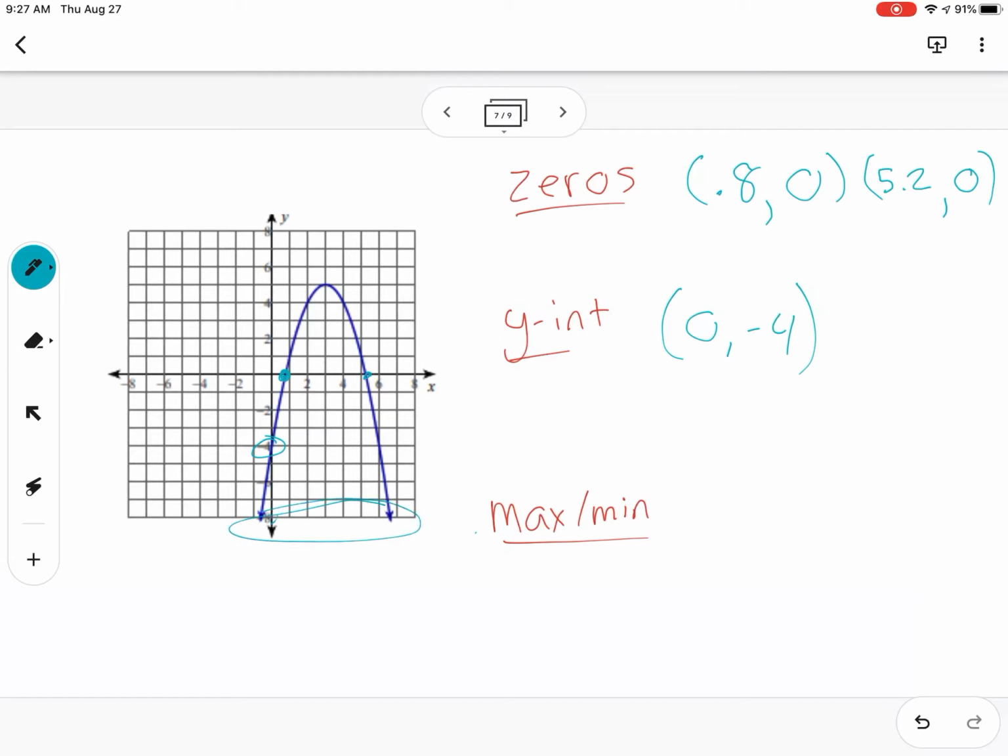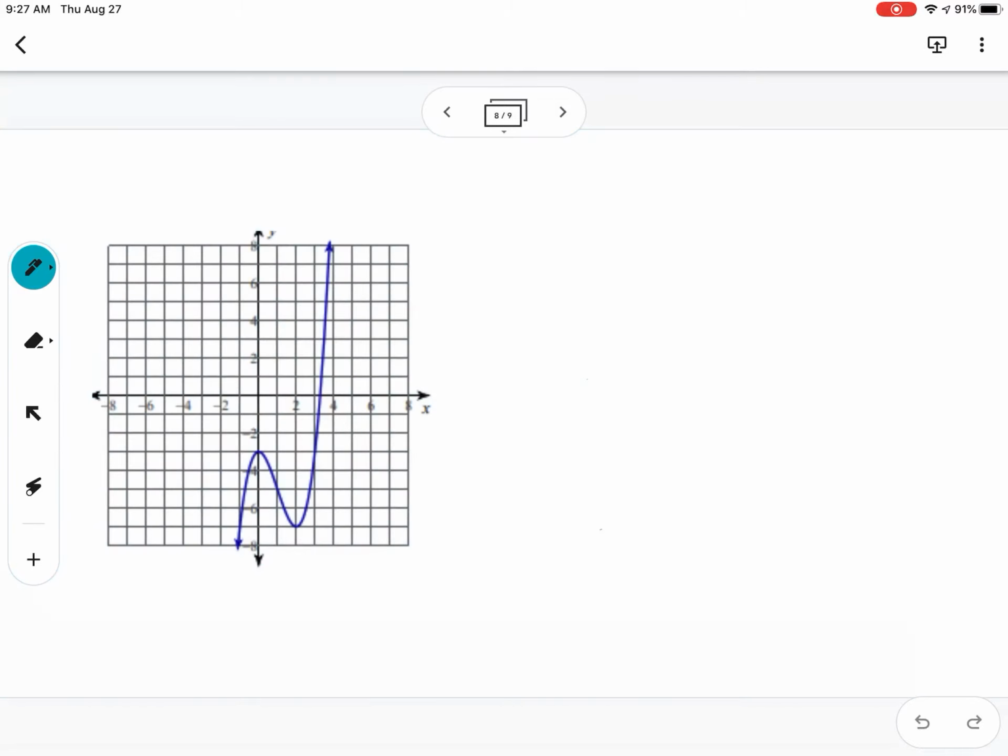We have no minimums because of the arrows and there's no bumps down there. We do have an absolute max at 3.5. Just the 1 max for that one. Alright, I'm going to do one more. So again, pause the video, try it yourself, and then unpause to see how you did.